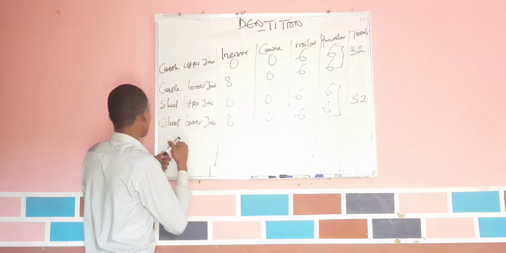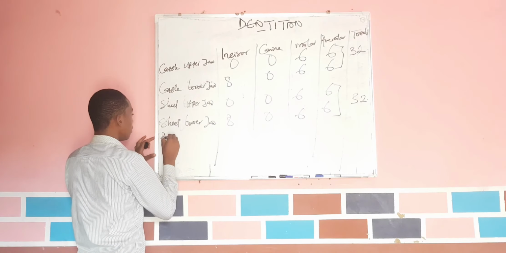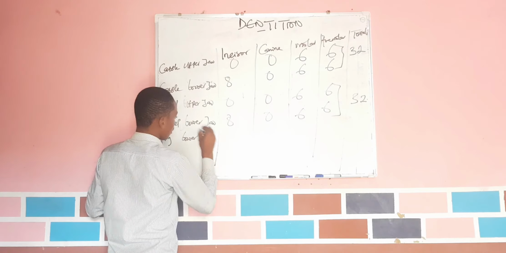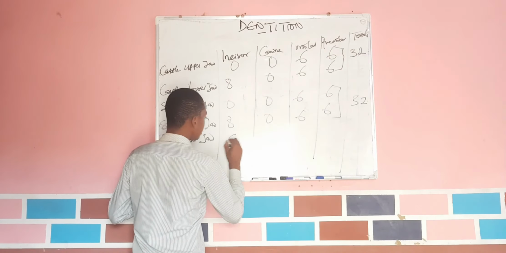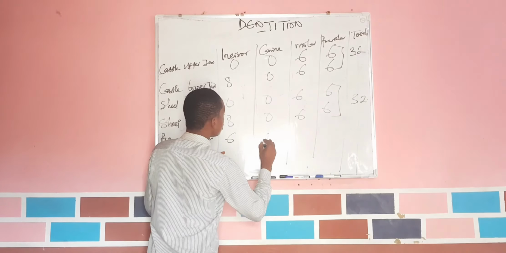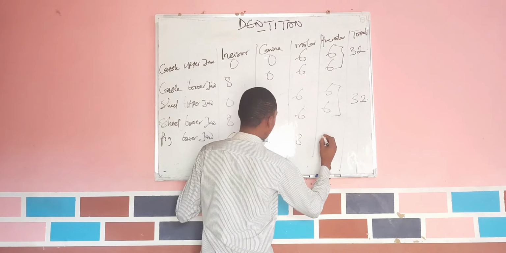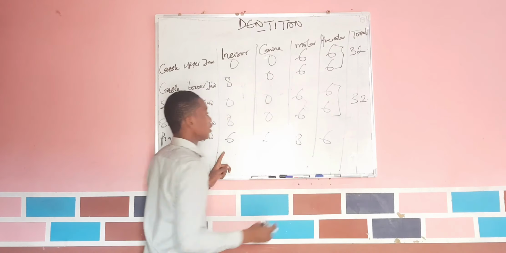If I have pig lower jaw, here we have 6 for the incisors, 2 for the canine, 8 for the molar, and 6 for the premolar.